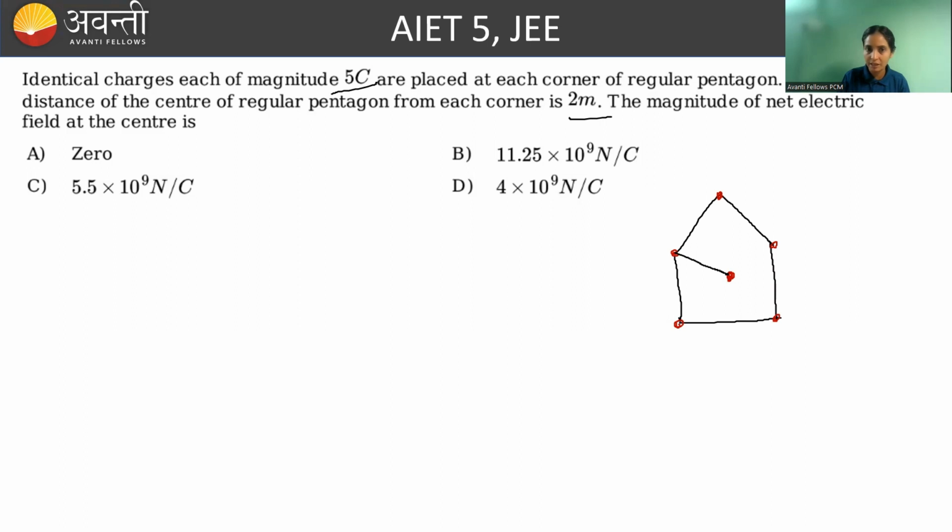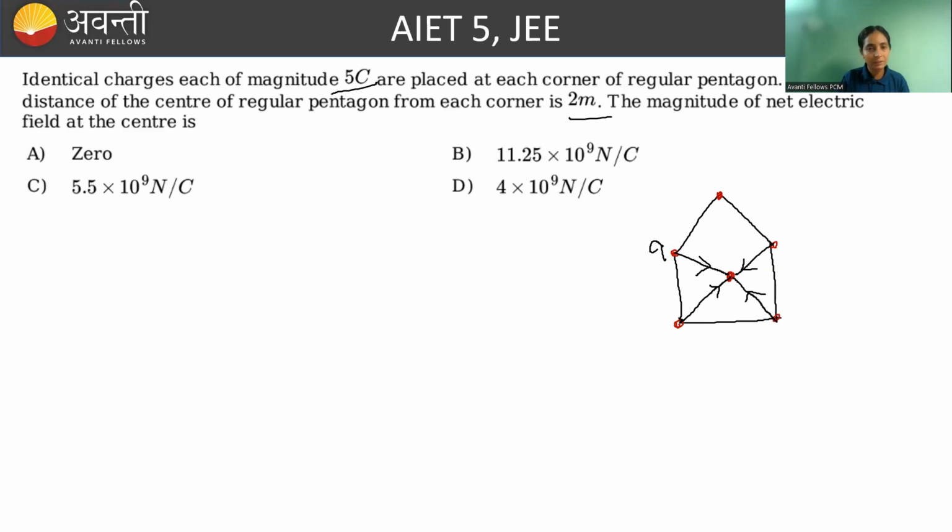Electric field because of this charge, because each charge is positive here, will be outward, and it is this. Because of this charge will be this, because of this charge this, and because of this charge this. One charge I have not yet considered.